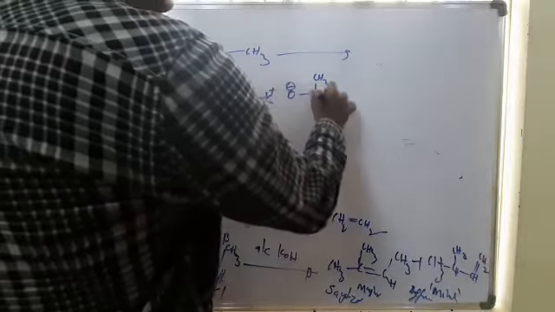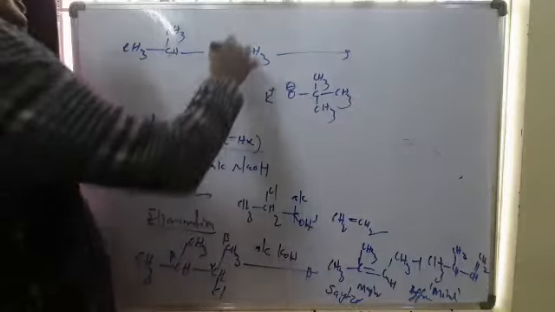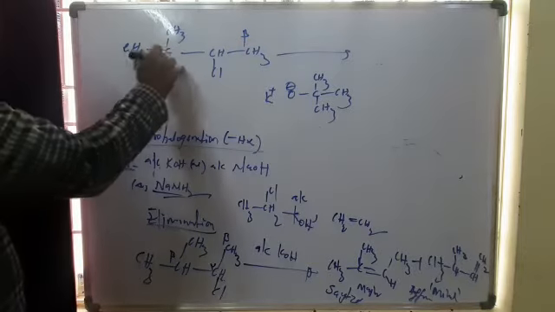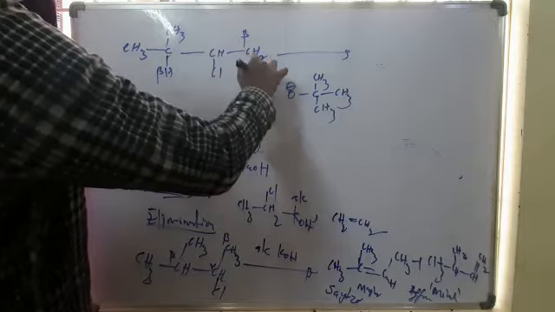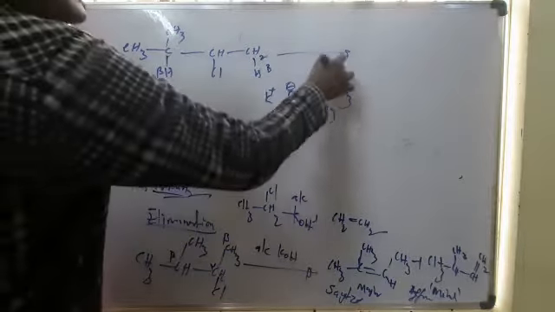This is the bulky base. This bulky base abstracts the proton at the less hindered side. These two are both beta hydrogens, but the bulky base is bulky.